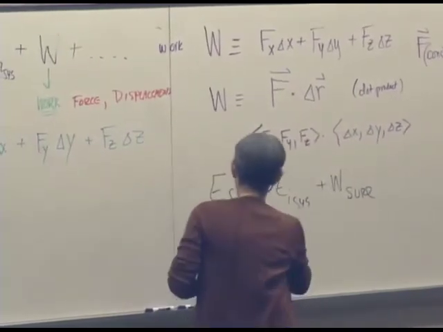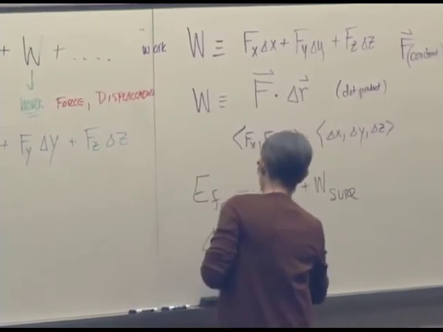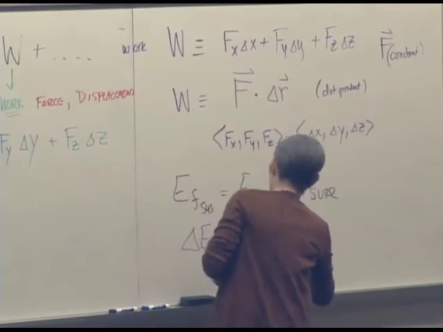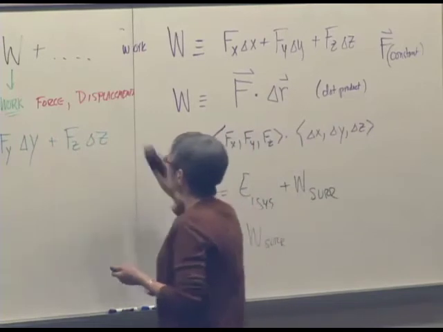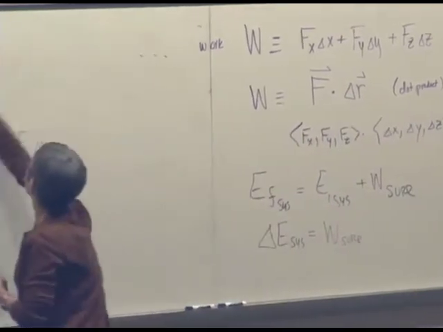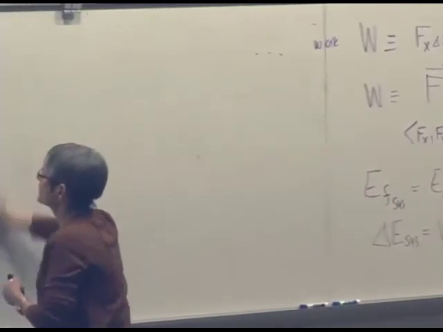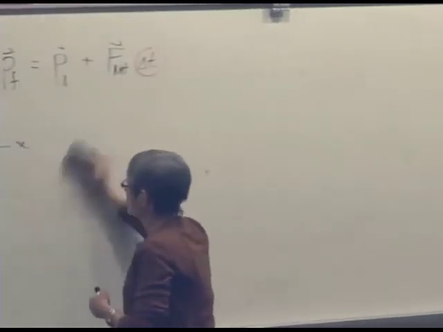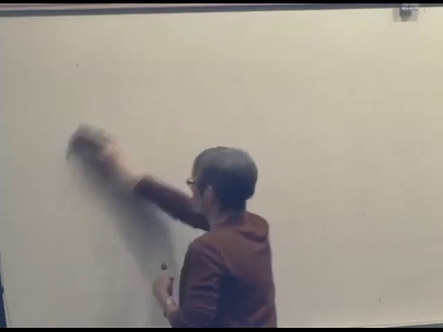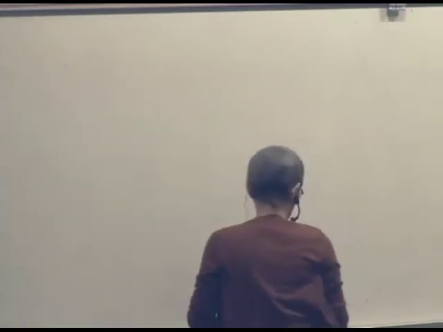Or we could write the change in energy of a system is work done by the surroundings. So let's think about how this could come out to be negative. So let's just consider some examples and think through them, what the possibilities are.